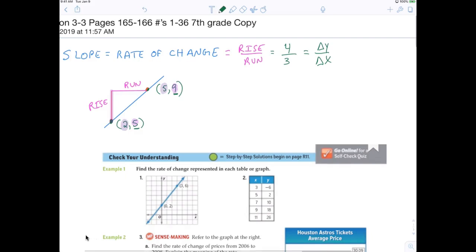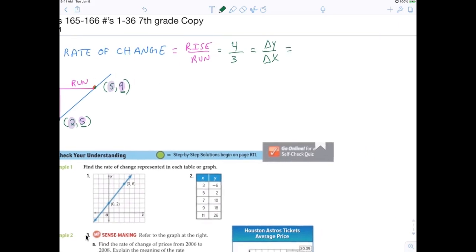So delta y is abbreviated because I don't feel like writing y sub 2 minus y sub 1. Now what do the 2 and the 1 represent? The 2 different points. In order to find the slope, you have to have 2 different points. So y2 is the second point, and y1 is the first point.